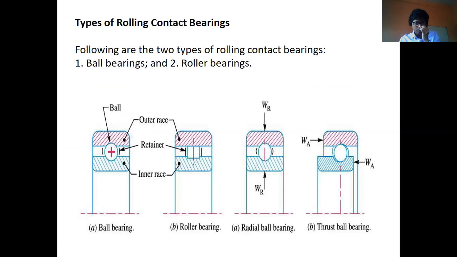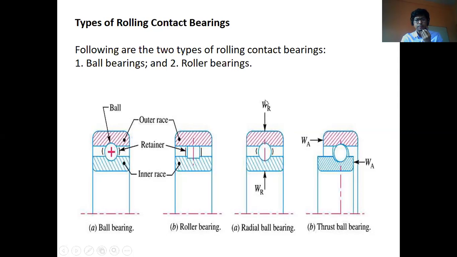Here are some types of rolling contact bearing I have shown. This is the ball and this is the roller. In roller bearing a roller is used in between two housings, and here a ball is used. These are the races, this is the outer race, these are the inner races.